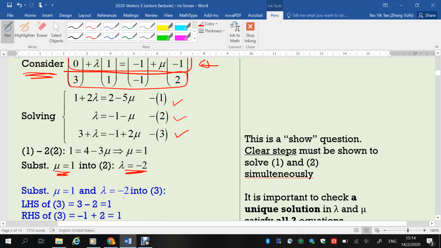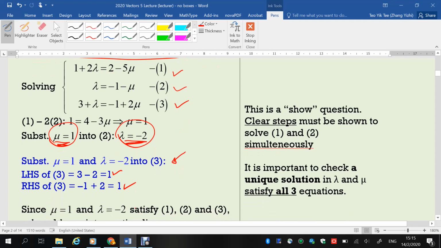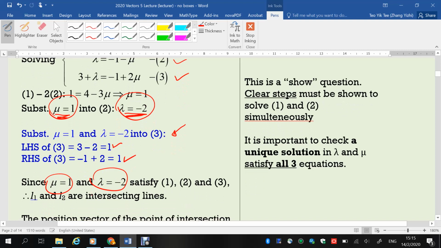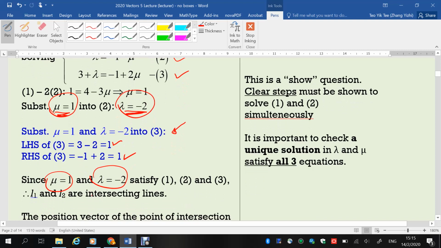From here, I substitute this mu value and this lambda value into equation 3, and then I check the left hand side as well as the right hand side. If they are consistent, it means that when mu equals 1 and lambda equals minus 2, it satisfies equations 1, 2, and 3 at the same time, and so I have a point of intersection.